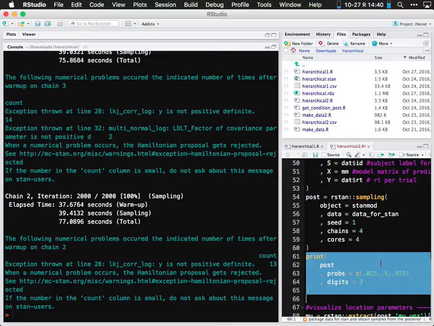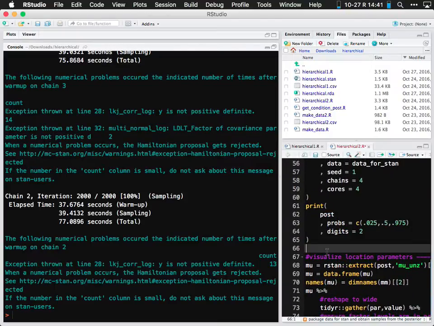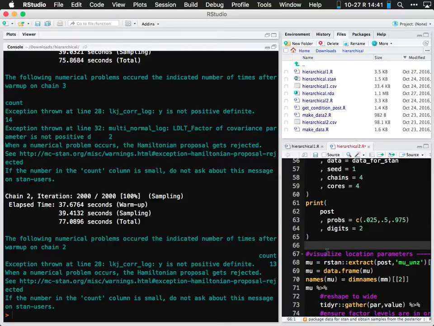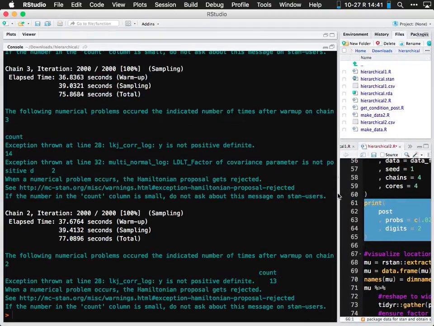So the difference of differences? Yep. This is standard repeated measures univariate stuff, where it's a difference of differences. So we can print out that posterior summary here. Let me expand it though.